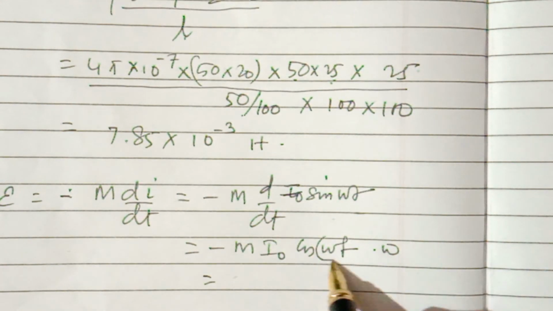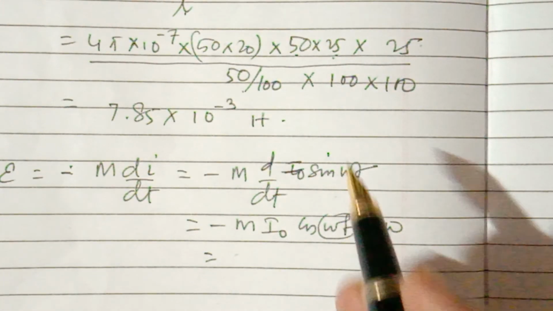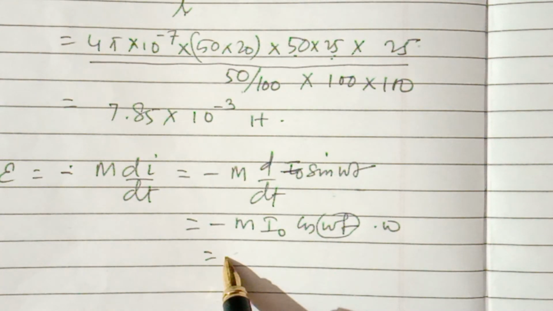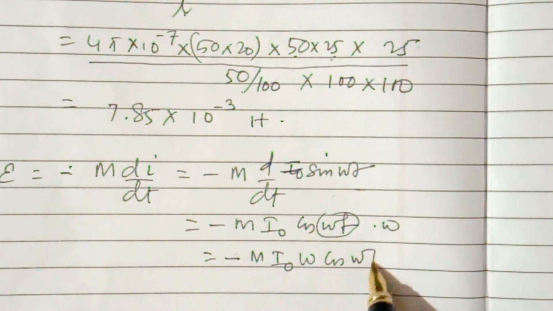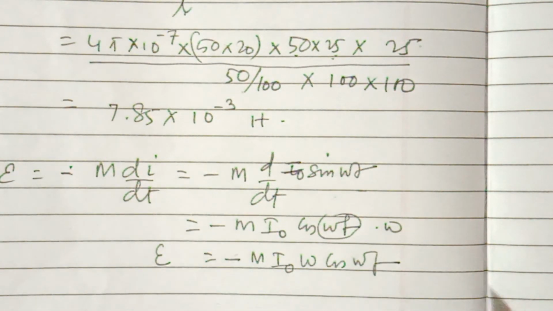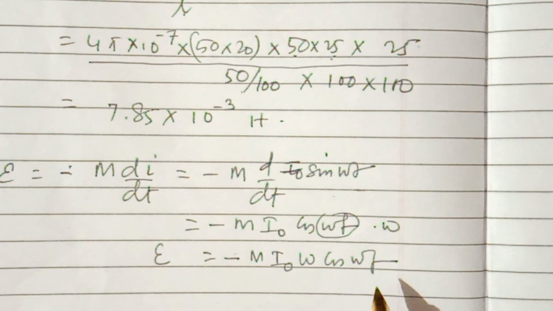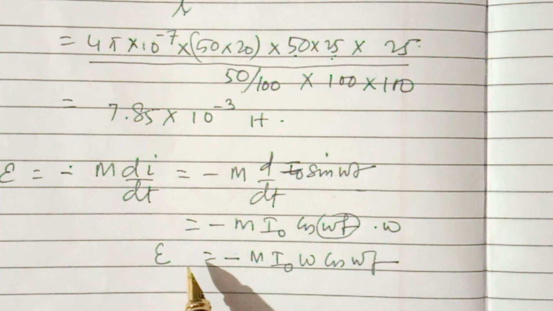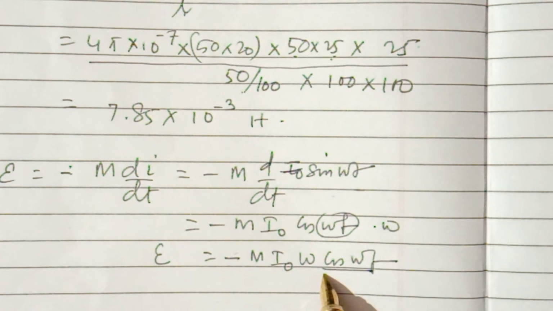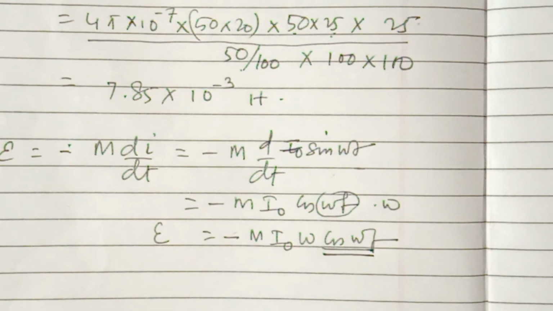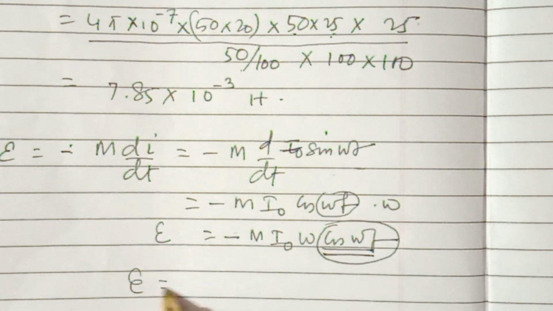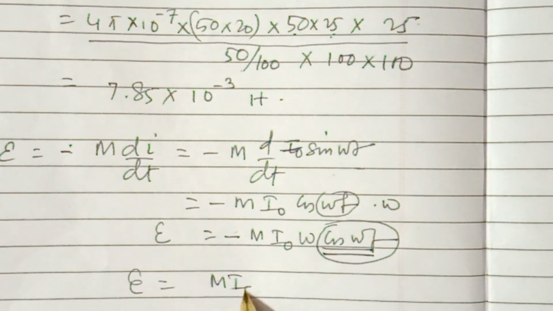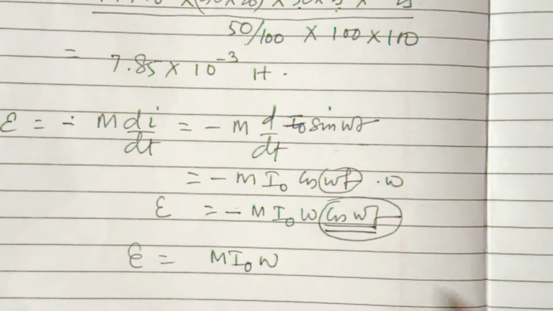Again you have to differentiate this function of a function. Then you get minus M I naught omega cos omega t. And the maximum EMF will be when cos omega t is 1. The value of cos omega t, 1, is the maximum. So then EMF will be M I naught omega. So the magnitude is this one.